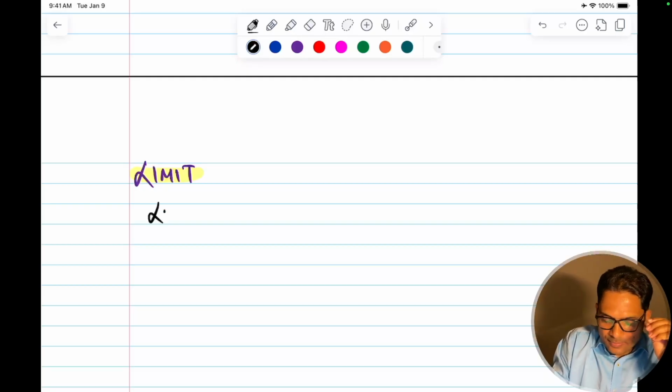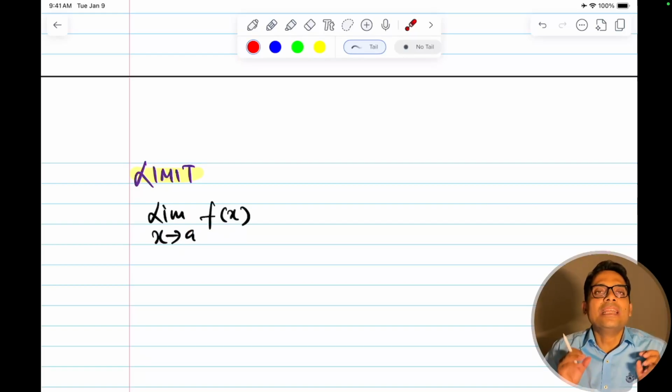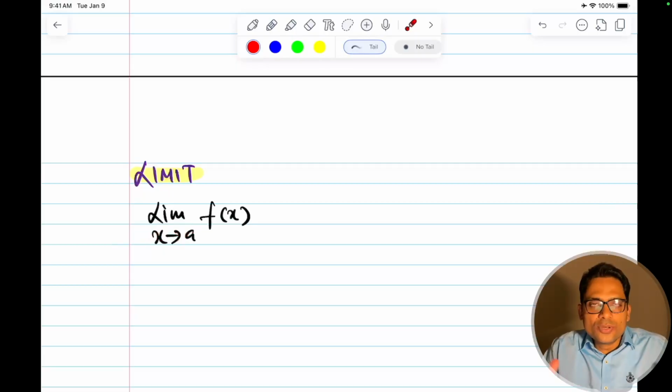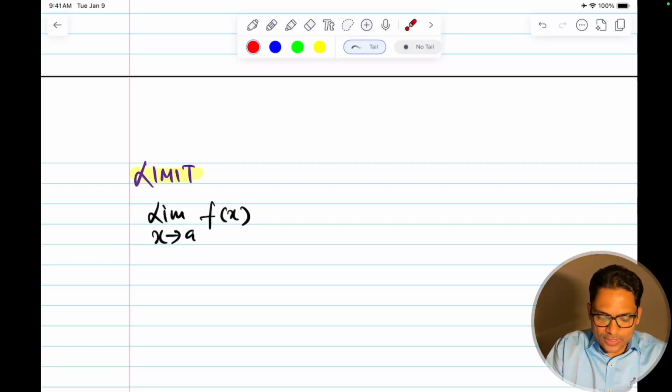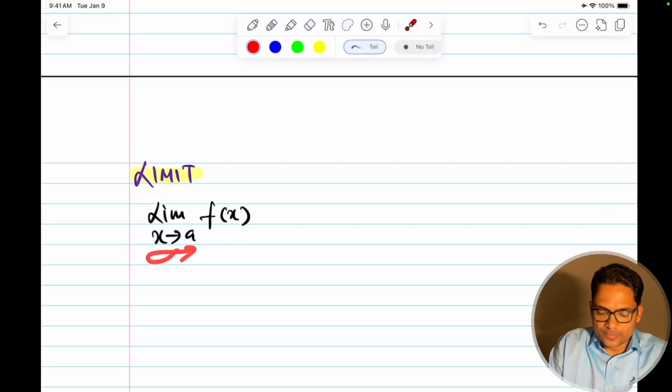If I write limit x tends to a of f of x, this means the value of the function as x becomes very, very close to a, but not necessarily equal to a. I don't want it to be equal to a, but it should be as close as possible to a. That's what limit means.